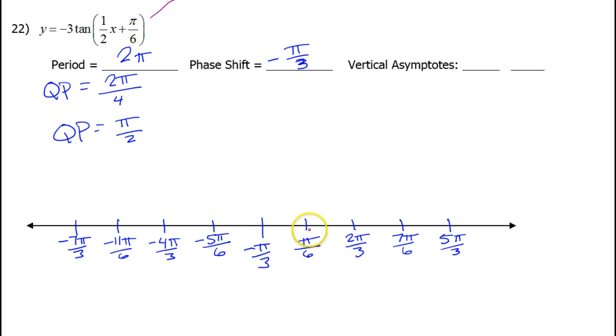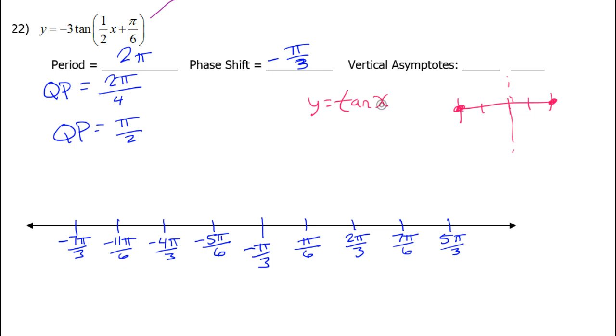Now, before I get the y-axis involved, remember what I told you about the tangent function, y equals tangent x. If I have a period of that, remember that it begins and ends on the midline with an asymptote down the middle.